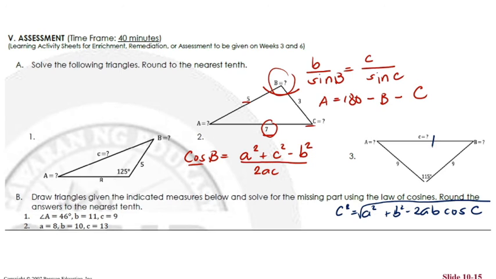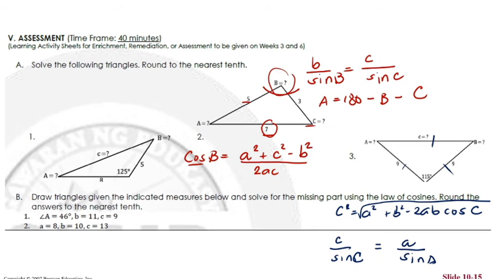So we're going to have C over sine C is equal to A over sine A. So just cross multiply, and then you're going to have your answer. Now, whatever your A is, that is also your B, because they have the same value. Okay? So just cross multiply.